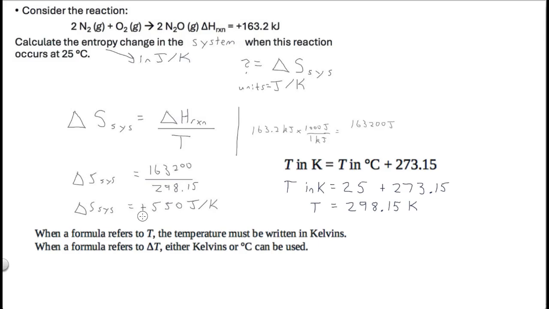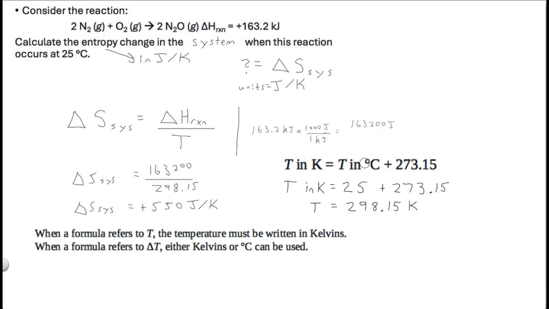In general, whenever a chemistry formula refers to the temperature, the temperature must be written in kelvins before it's substituted into the formula. This problem told us the temperature in degrees Celsius, so this temperature must be converted into kelvins before it is substituted into this formula.